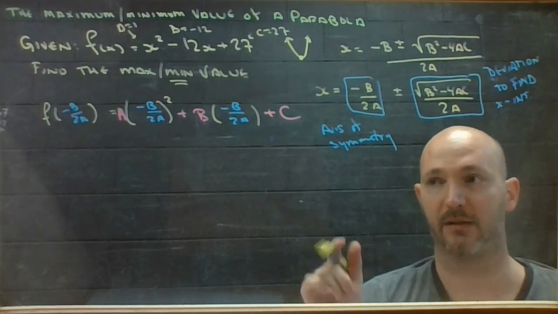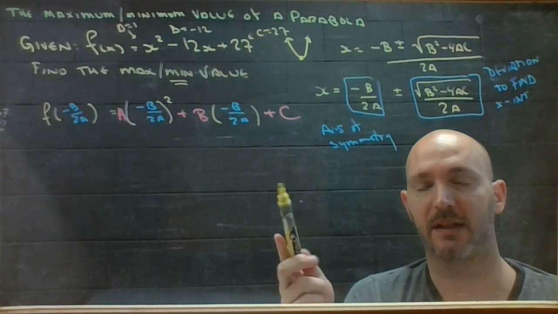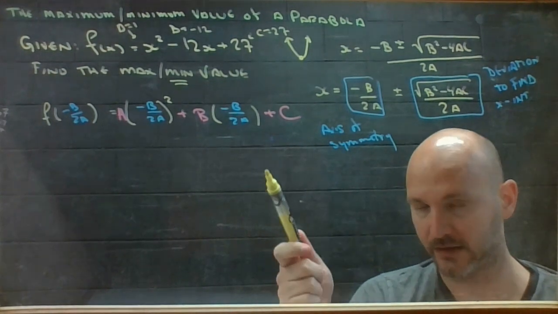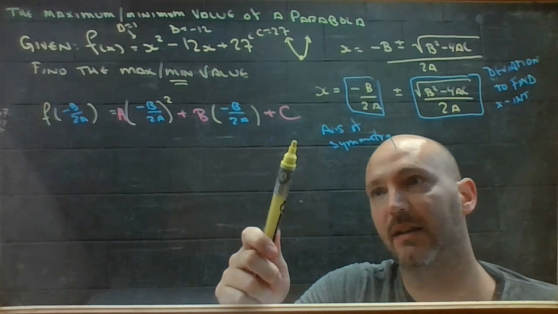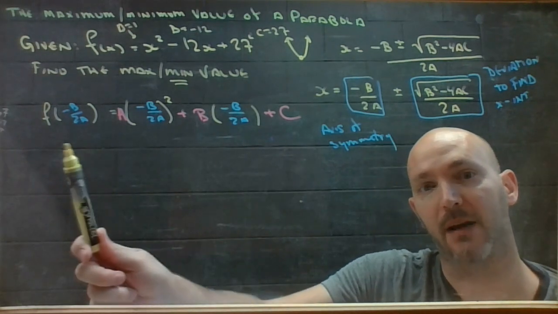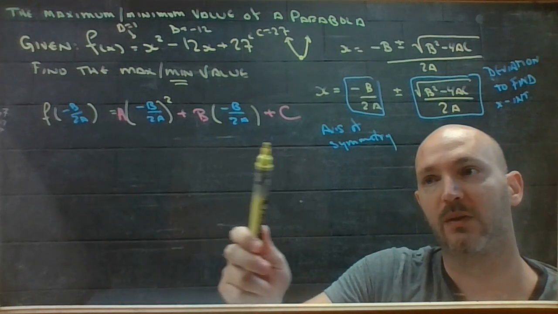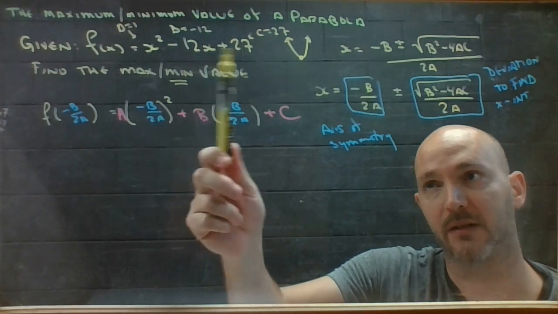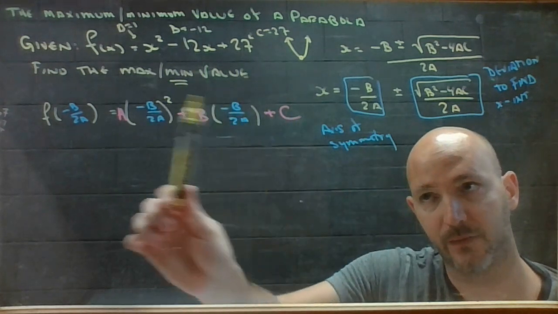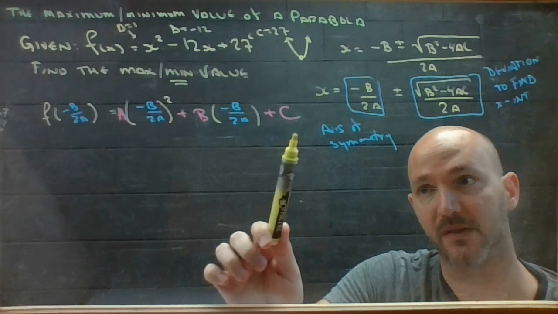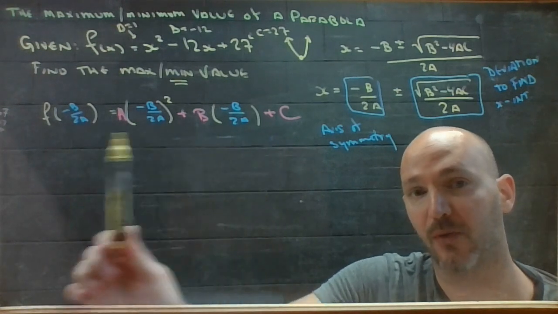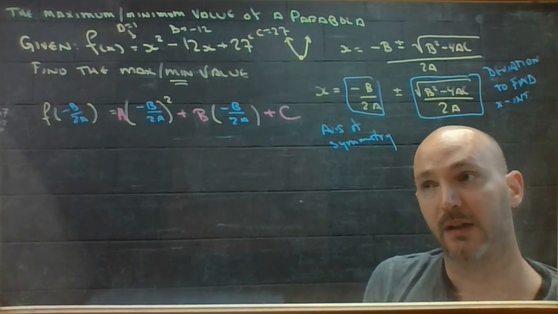Okay, now, good Lord, there's a lot of letters there, but this is every parabola. Doesn't matter what's here or here or here. The truth of the relationship is all in there for every parabola you could ever invent.